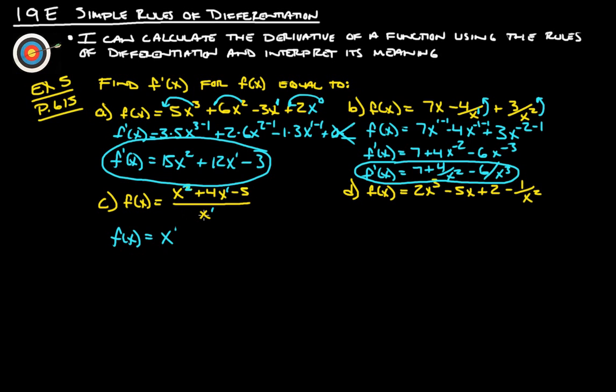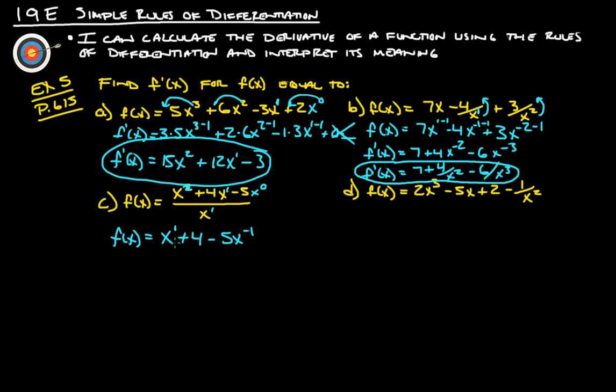And then x to the first over x to the first, those reduce each other out, so it's plus 4. And then this is negative 5x to the 0, and then we go 0 minus 1, so this is really negative 5x to the negative first. Sorry, I messed that up. That's what I meant to do.